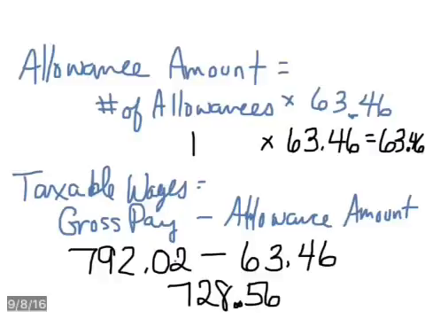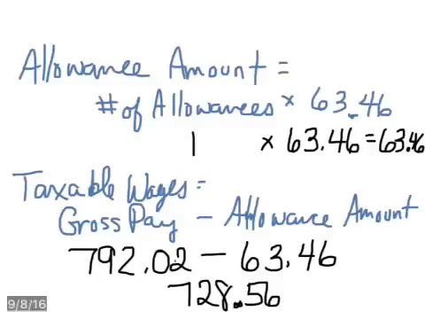He is not getting taxed on his initial pay because he has one allowance. Now, think about this. If you had 3 allowances, or in my case where I could do up to 5, then I would take my number of allowances, 5, times the 63.46, and I would get a bigger number that I did not have to be taxed on. I would only have to be taxed on whatever was left over rather than a bigger number. But because I claim 0, I'm taxed at a higher number.